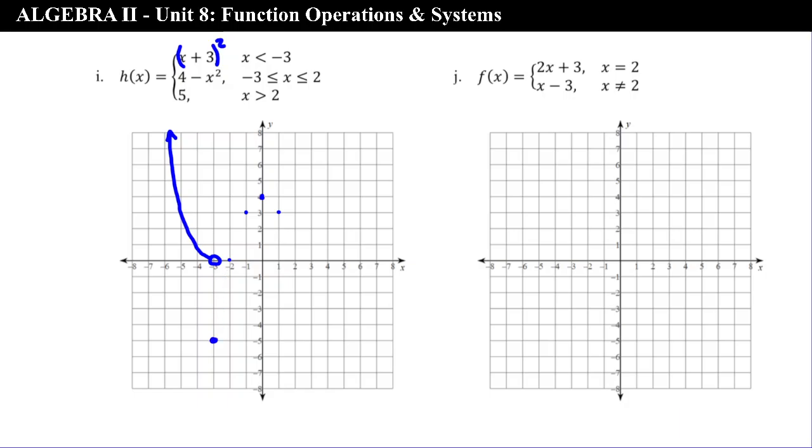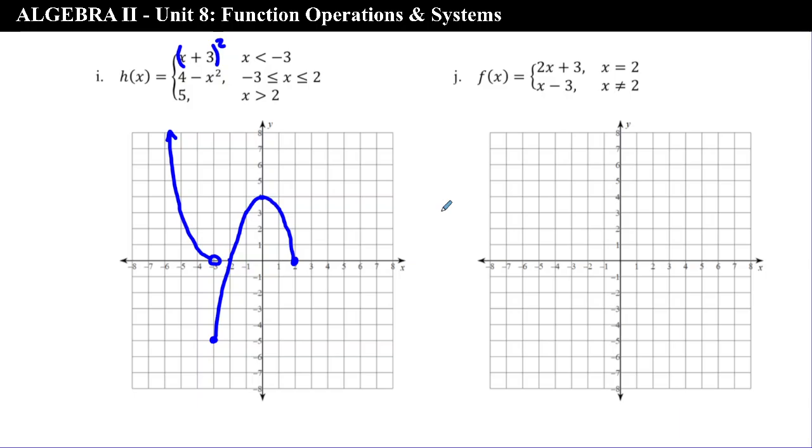And this one is going to include the end. And then when we get to 2, that will also include the end, which would be here. And so from here, we are going to graph the line in between the 2 end dots. So there's the parabola for the second piece.